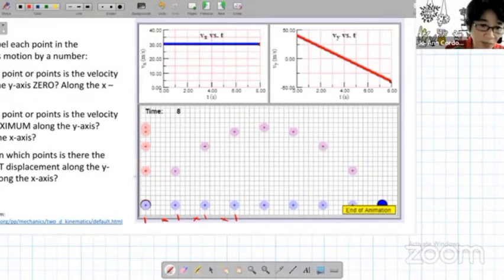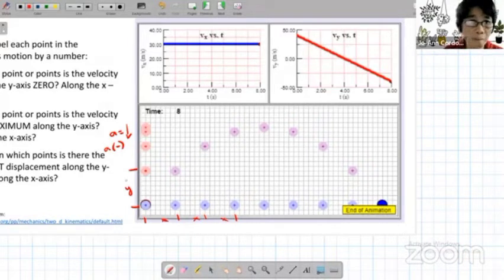On the other hand, dito po sa ating y, what is happening is, first, your object begins with an initial velocity that is large, but because the direction of our acceleration is actually downwards, di ba, pababa yung direction ng ating acceleration, so therefore, what's happening is our acceleration is actually negative. So what we expect is as the ball rises to the maximum height, ang mangyayari sa kanya ay dapat ang velocity niya ay mag-decrease. Okay? The velocity should decrease. So therefore, if we look at this figure, you can see that that is what is happening here along the y-axis.